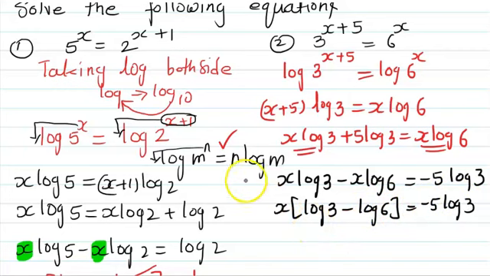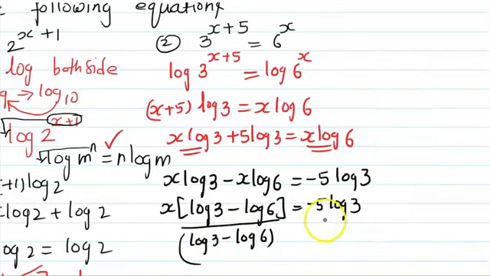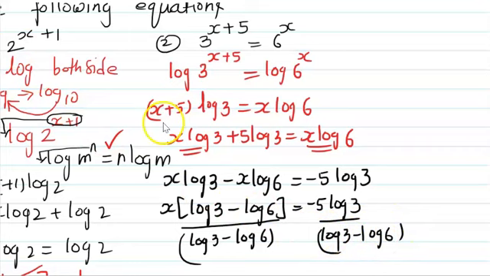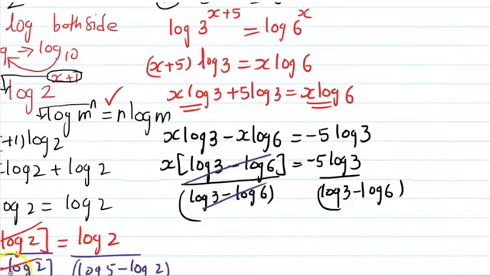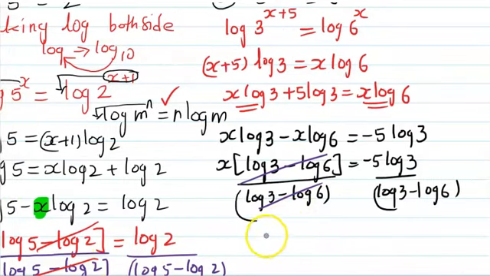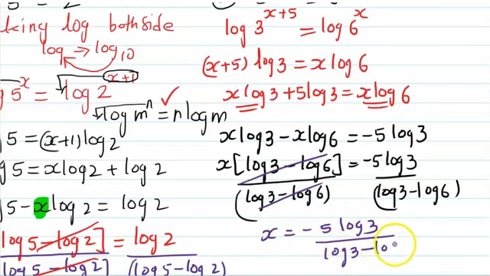Divide by log 3 minus log 6 both sides. Okay, so divide by log 3 minus log 6 here, and this side as well. And we can cancel log 3 minus log 6, right? So we got x equal to minus 5 log 3 over log 3 minus log 6.